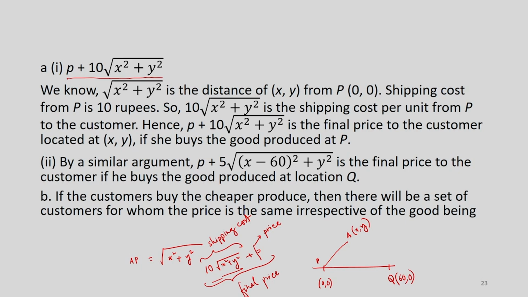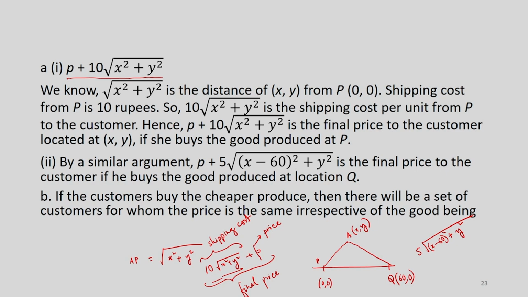Similarly, the shipping cost from Q to A is given by 5 multiplied by root over (x minus 60) whole square plus y square, because AQ, this distance, is root over (x minus 60) whole square plus y square, and with that you are multiplying 5, which is the cost per kilometer.